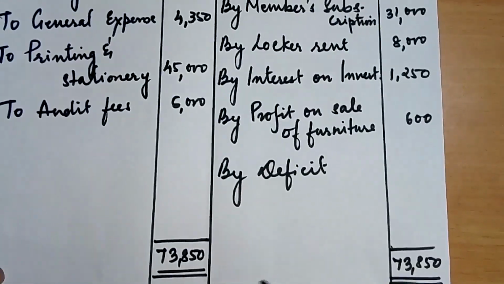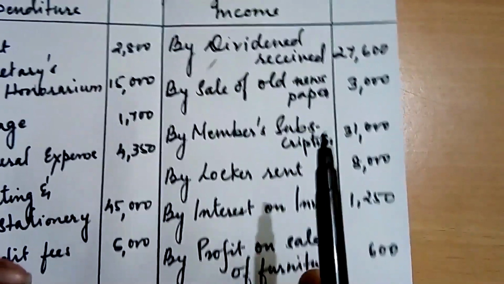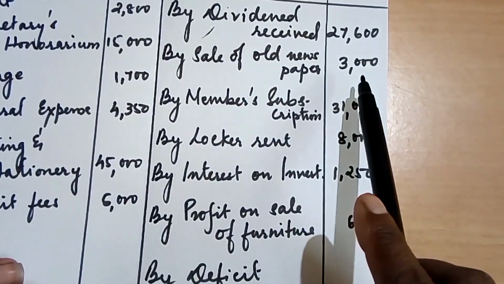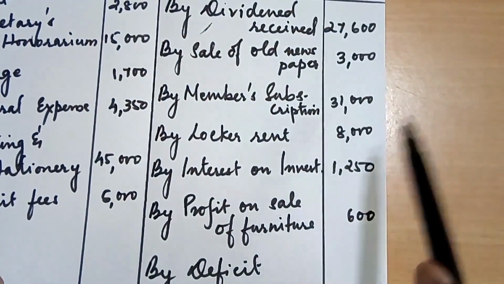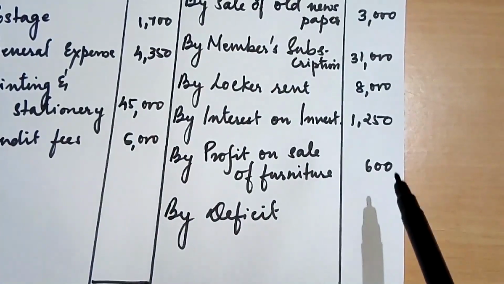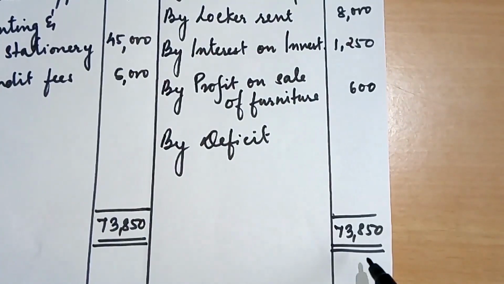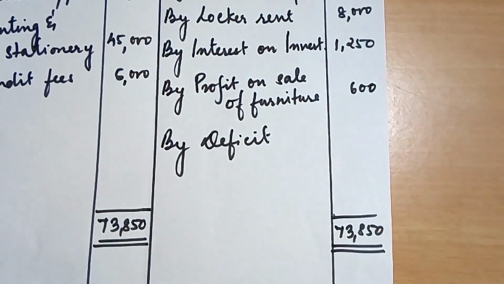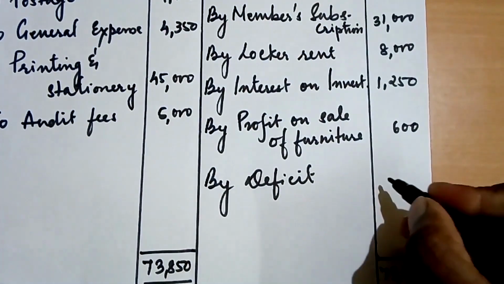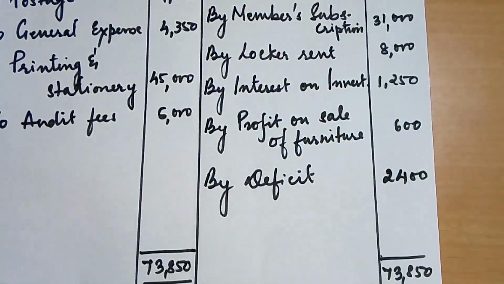In the same way, we add up the credit side: dividend 27,600, then the old newspaper 3,000, then 31,000, 8,000, 1,250 and 600. Whatever answer we get, we subtract it from 73,850 and we get the answer 2,400, which is a loss or deficit.